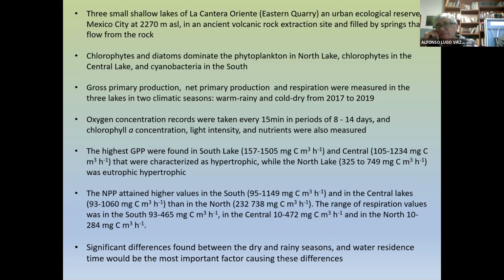Well, yes, because we think this is related to the type of algae. For example, in the South Lake, which is the most productive, you can find cyanobacteria such as Microcystis for a long time, and the flux produces less transparency.